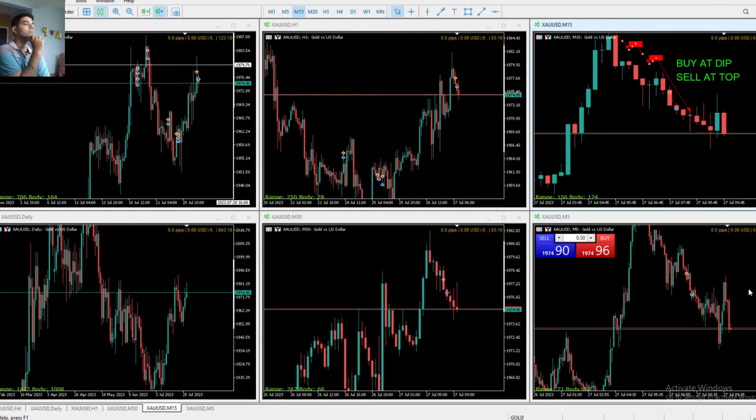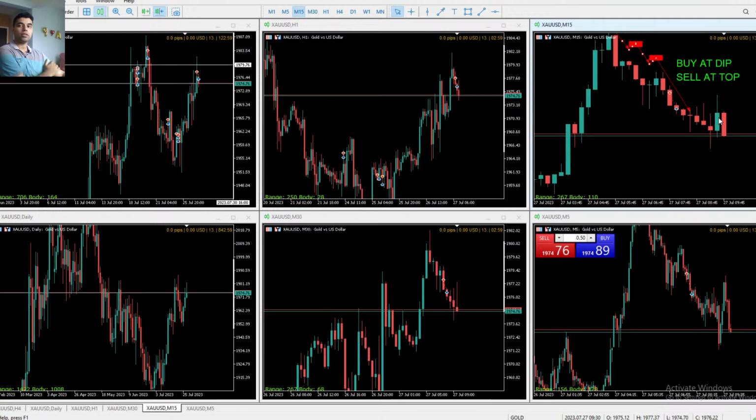So guys, some of you can make a direct entry upon the break of the low of this green candle. That's the direct entry, or we can just wait for this red candle to close below this support. Okay guys, but since it's a London open time, you can directly re-enter as well.